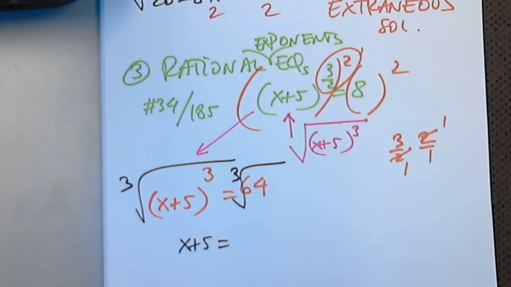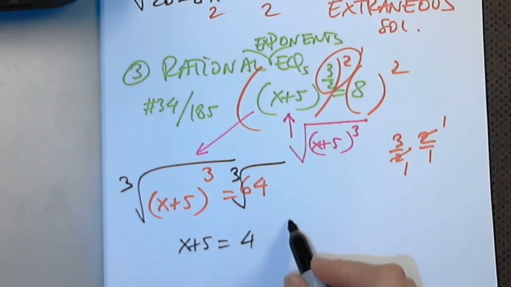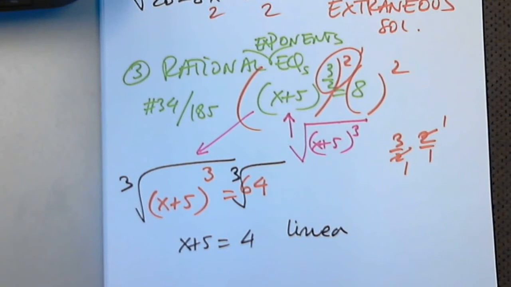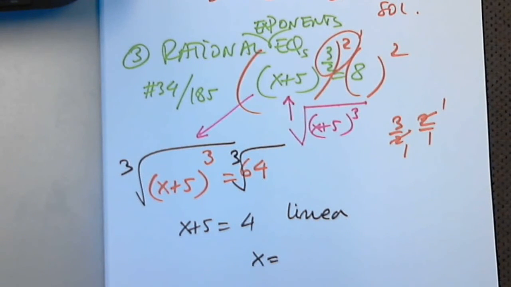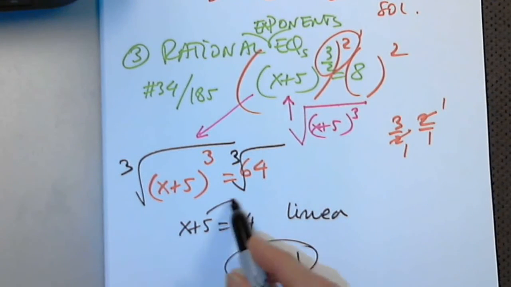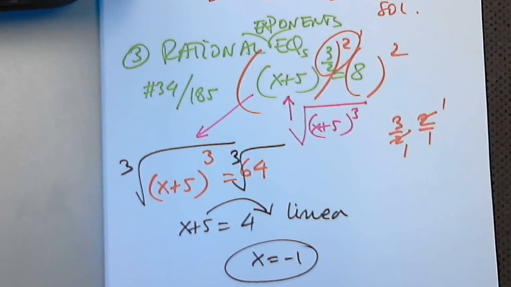Very good. And the right-hand side is? 4. Awesome. What type of equation is this now? This is the simplest possible one. Linear, very good. What do I do to solve this linear equation? Subtract 5 or move 5 to the other side. So x is -1.